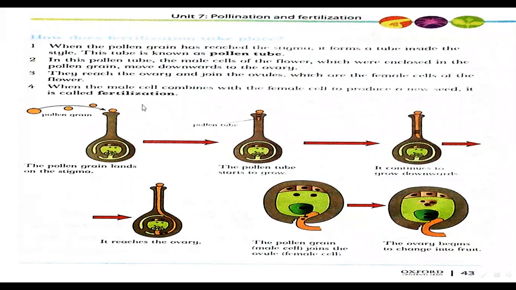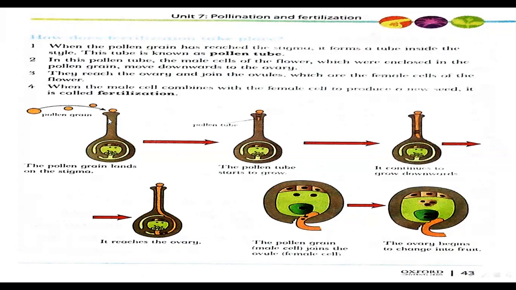Fertilization. How does fertilization take place? First of all, here they give you the 4 steps. Number 1, when the pollen grain has reached the stigma, it forms a tube inside the style. This tube is known as the pollen tube.